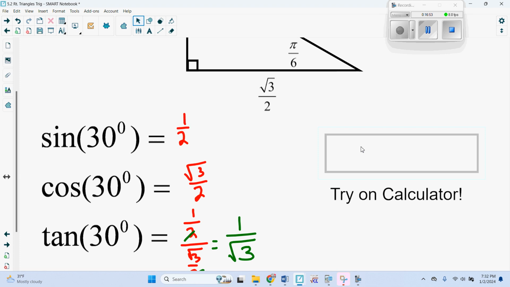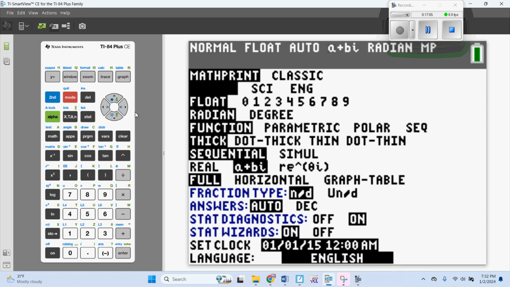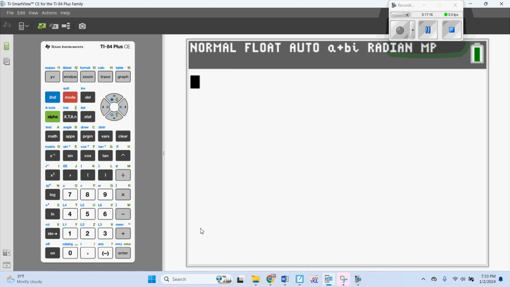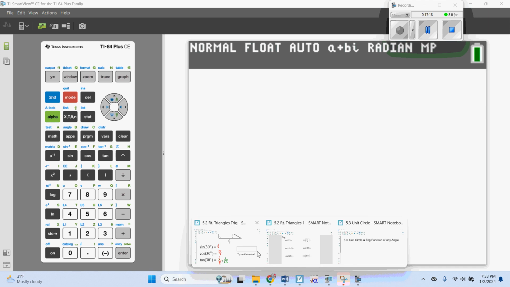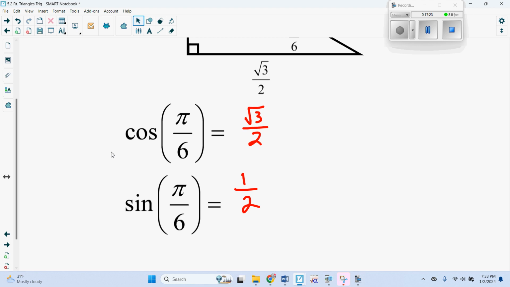All right, let's talk about how we can do these on the calculator. Okay, first off, one of the most important things when you're evaluating these on the calculator is you have to make sure you know what your mode is. So you can go down in here and change your mode from radians to degrees, and that's very important. You need to be in the right mode to find the correct answer. So if we would go back here, and we want to find the sine of pi over 6.